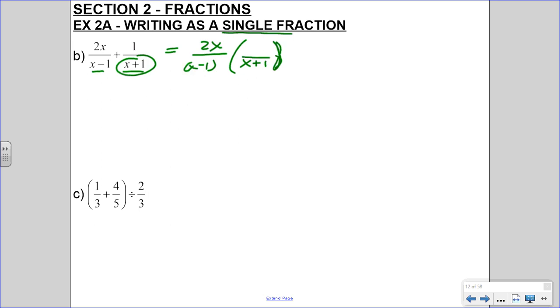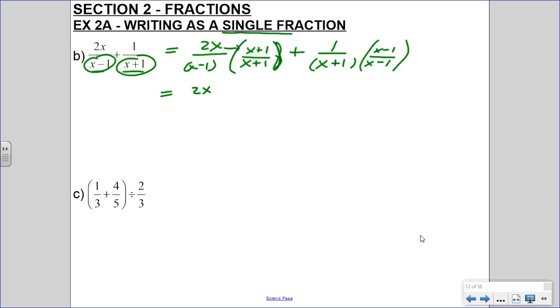But if we do that to the bottom, we need to do that to the top. Likewise, here we've got 1 over x plus 1, but it doesn't have an x minus 1 on the bottom. So I'll put that on the bottom, but again, we don't have anything for free in maths, so we need to do the top as x minus 1 as well, so then we're still timesing everything by 1. We haven't changed the original problem.